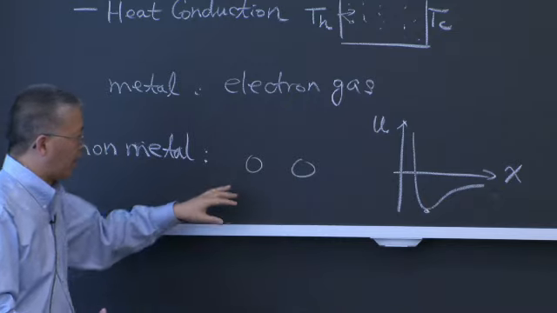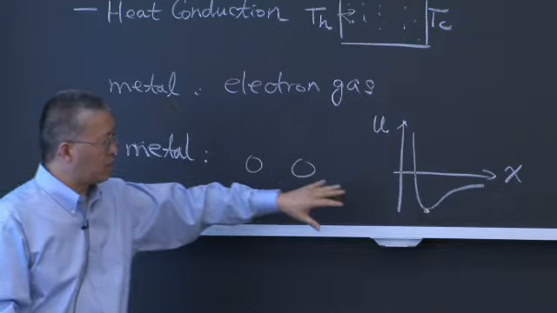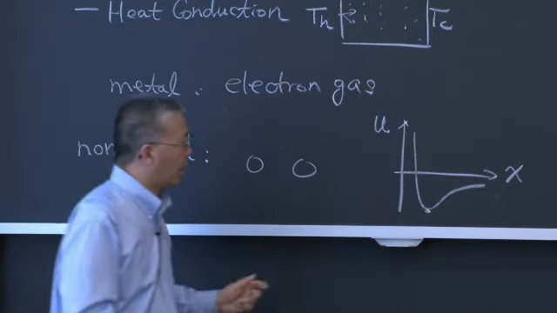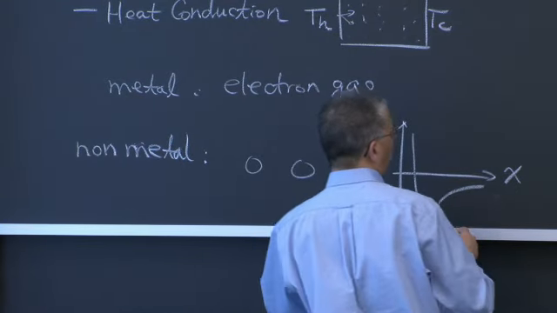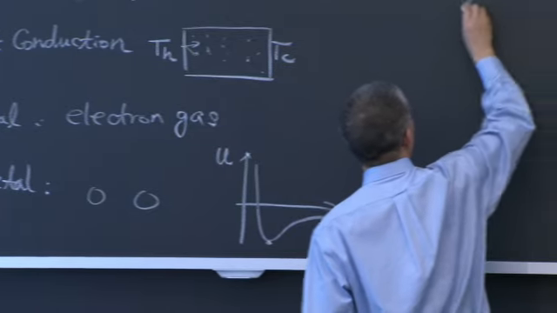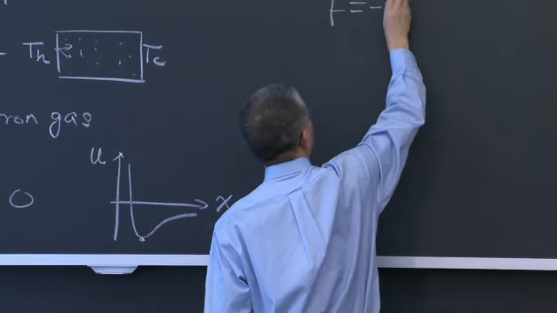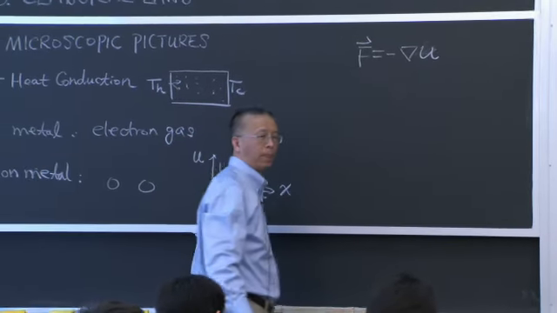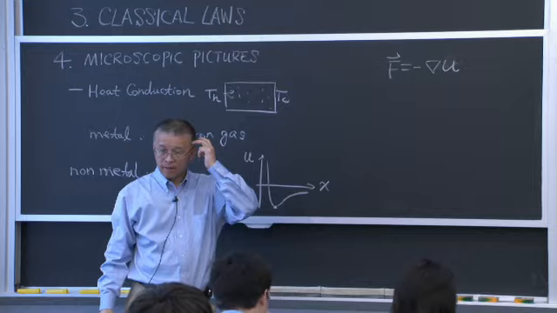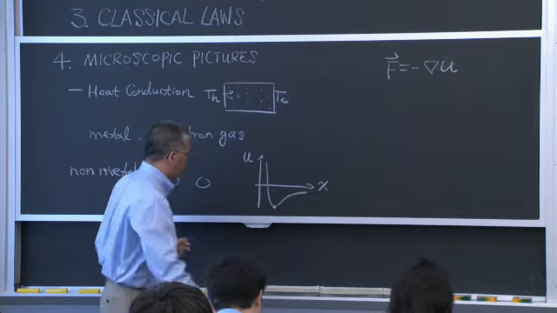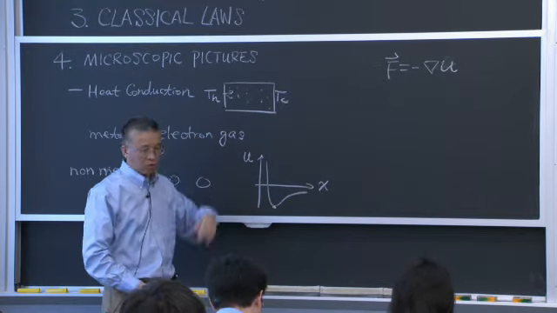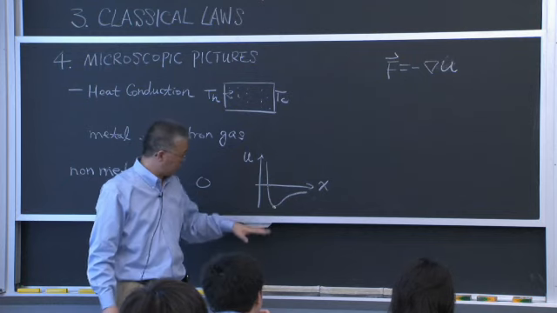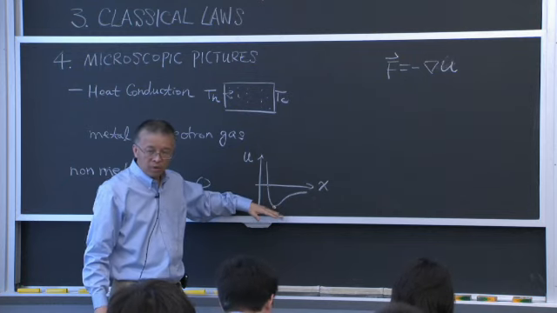That's the minimum distance, and of course the force is the gradient of potential, U. And at this minimum point, that first order gradient is 0.